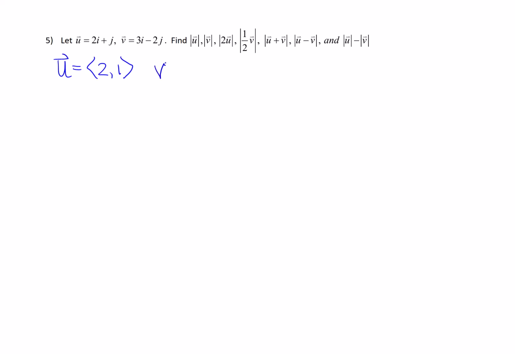I'm going to write both of them in component form here. So then vector v, given as 3i minus 2j, that would be in component form 3 comma negative 2. Again, now we can tell easily what the a and the b would be for that vector and those components. Now, if we put these together, we want to find several things.